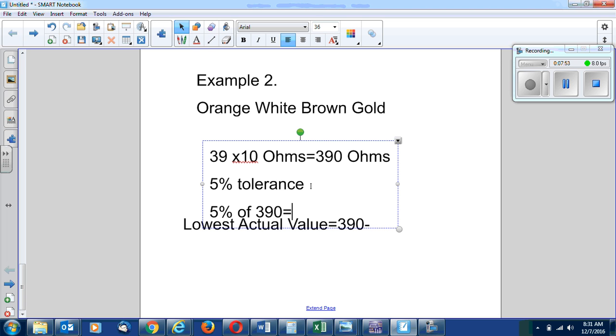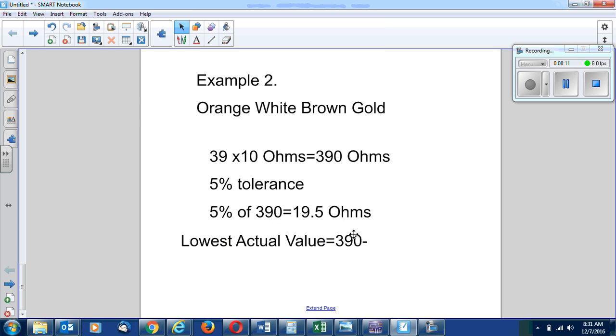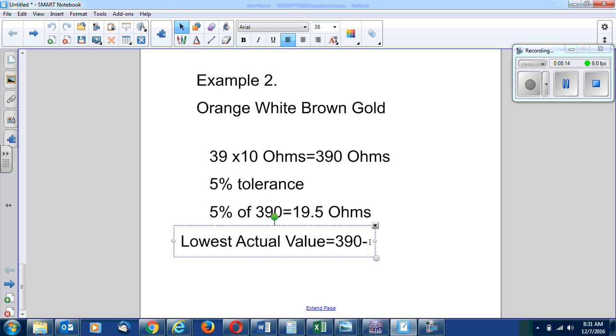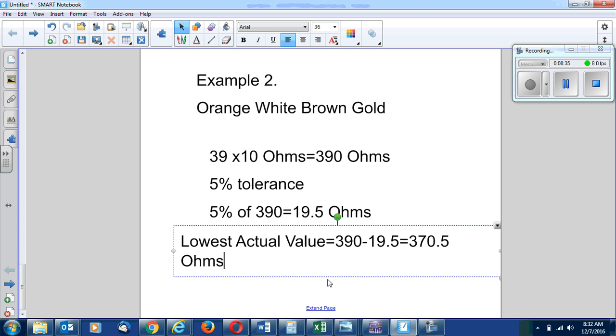I find 10% of 390 and then I take half of this. Well, 10% of 390 is 39, and half of 39 is 19.5. So this is 390 minus 19.5, and that's going to come out to 370.5 ohms. So this is my lowest value.